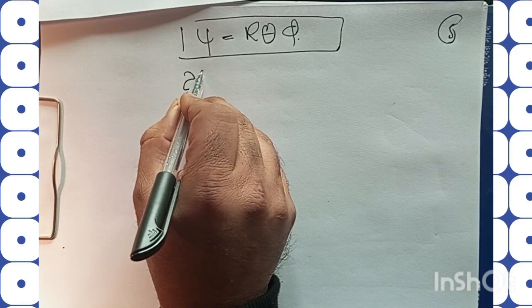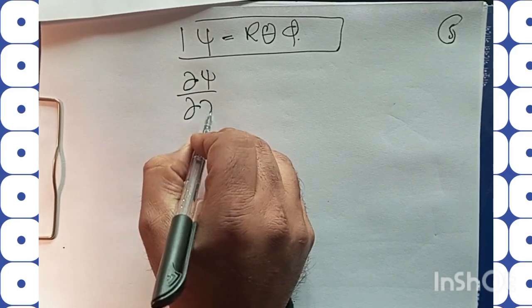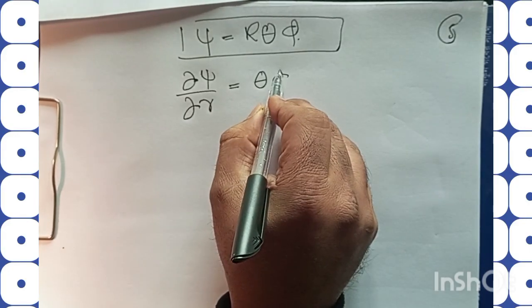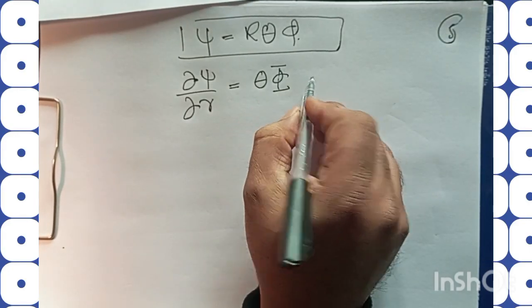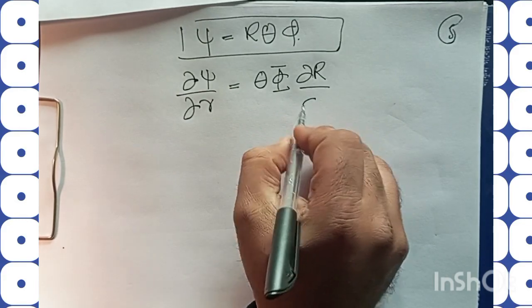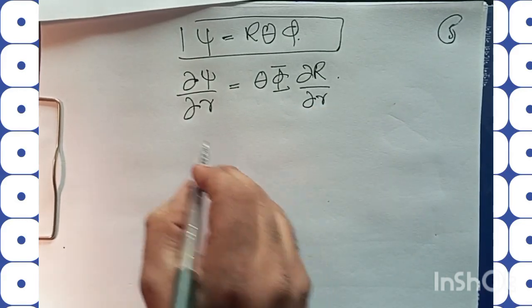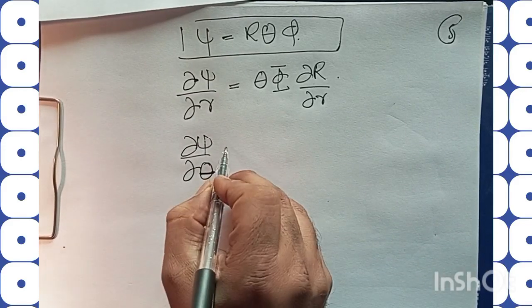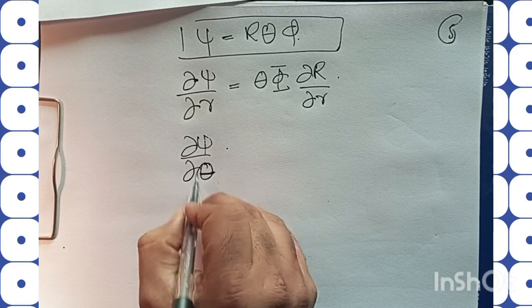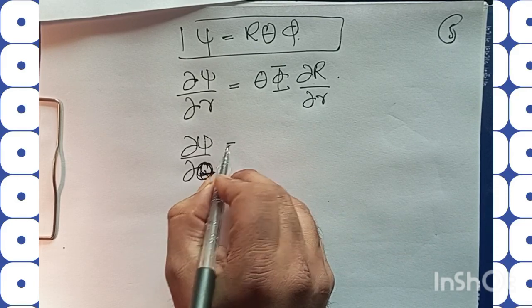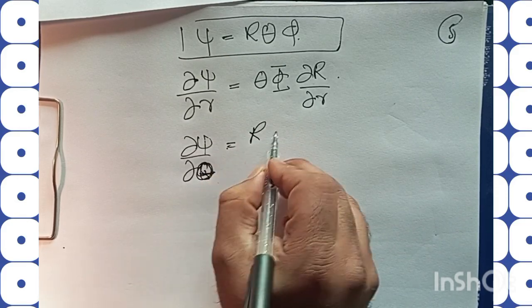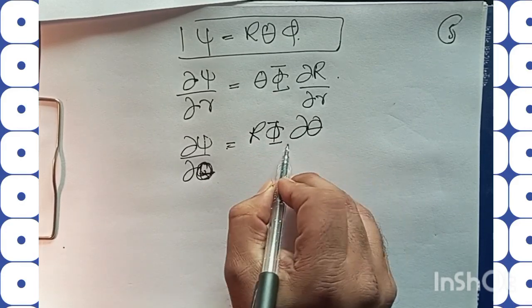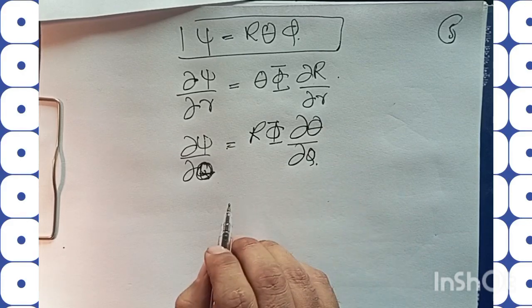Suppose I take dou psi by dou r. What I get here is that Theta and Phi will be outside, and I will have dou R by dou r. Similarly for dou psi by dou theta, this is capital Theta, this is small theta, r will be constant, phi will be constant, and I will have capital Theta with respect to small theta.